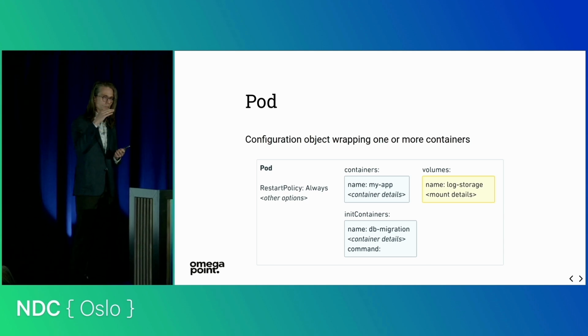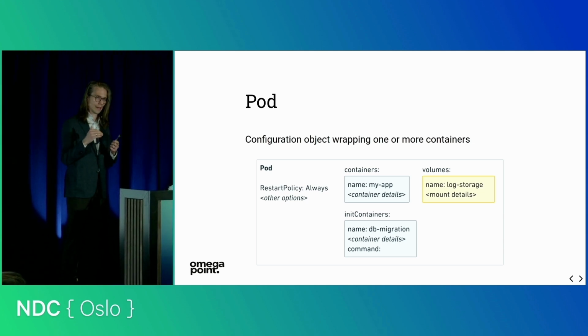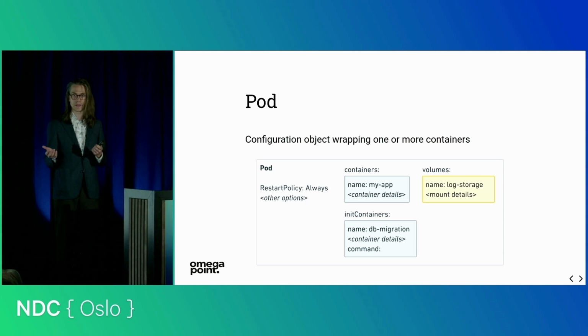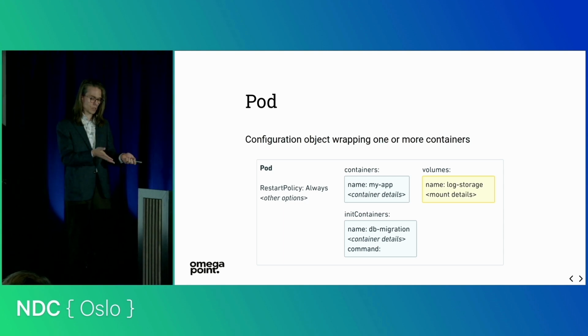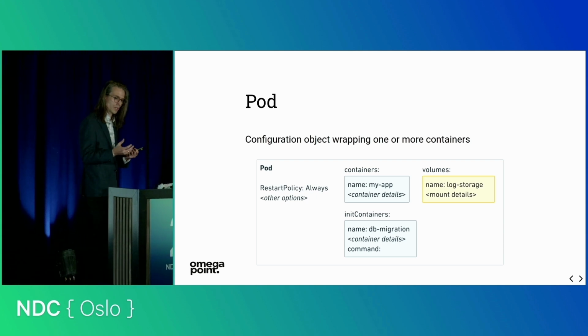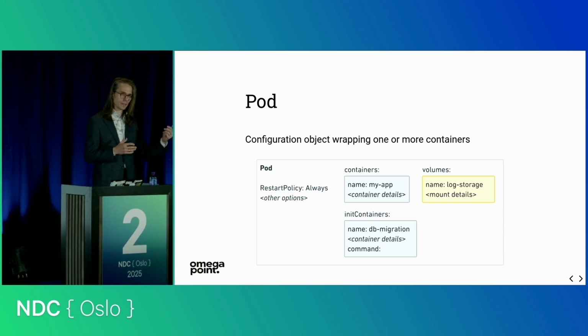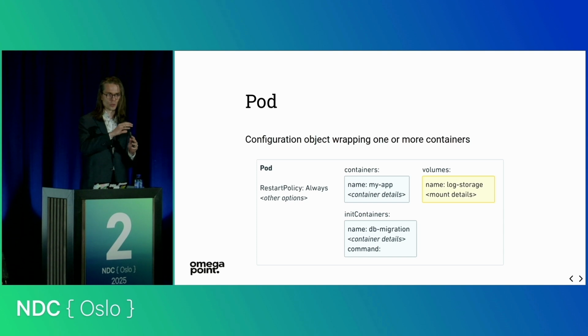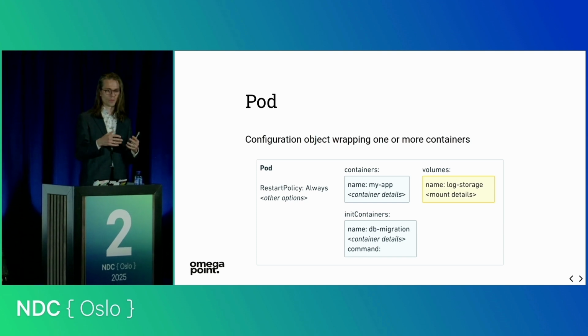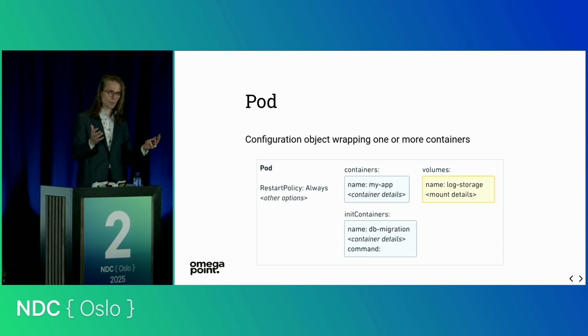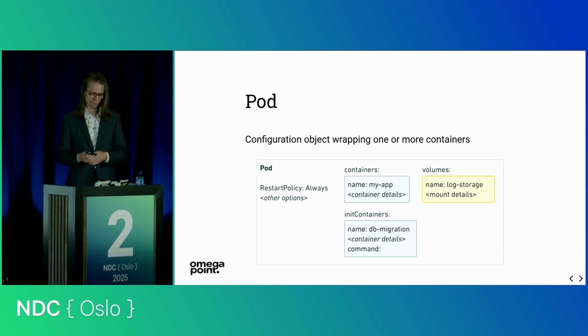So which containers you want to be running in the pod, environment variables for those, which images, which tags. You specify which volumes you want to attach to the containers, and you also specify other metadata on how Kubernetes should relate to that pod. You use tags, annotations, labels, etc., to be able to reason about it.